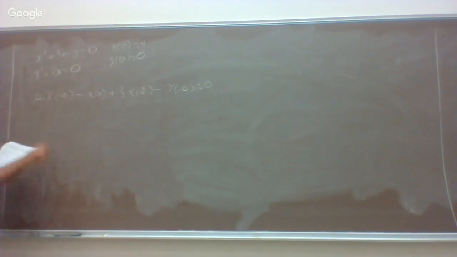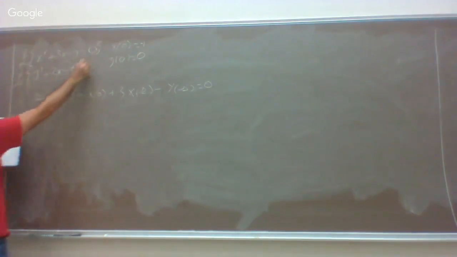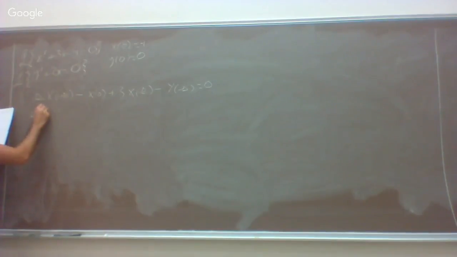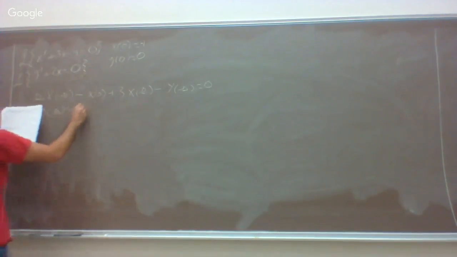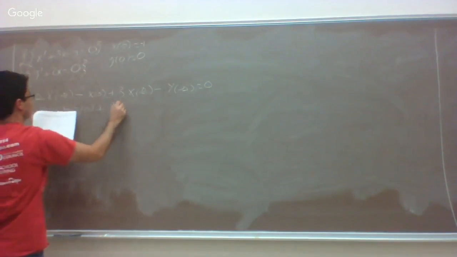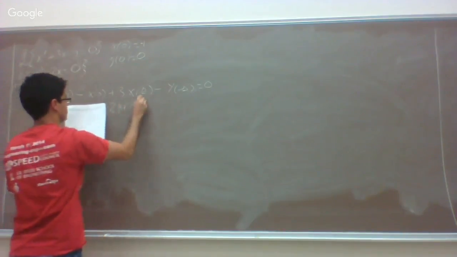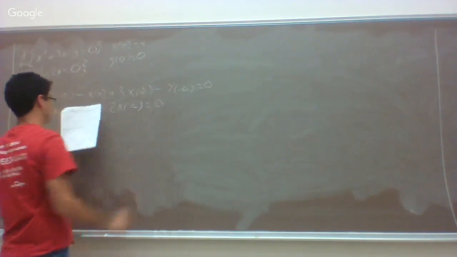So in the Laplace of the second equation, I get s Y of s minus y of 0 plus 2 X of s equal to 0.